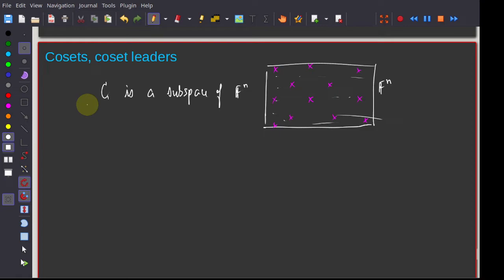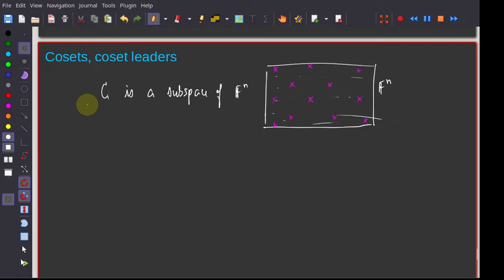So if you look at only the additive structure of a vector space, you forget about scalar multiplication, you only look at the properties of addition. Basically, addition is commutative, it is associative, there exists an identity element, and for every element there is an additive inverse.